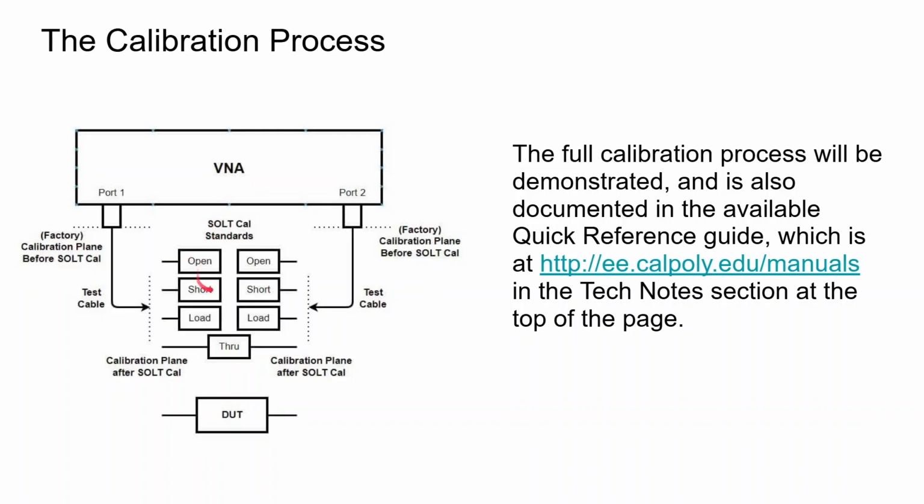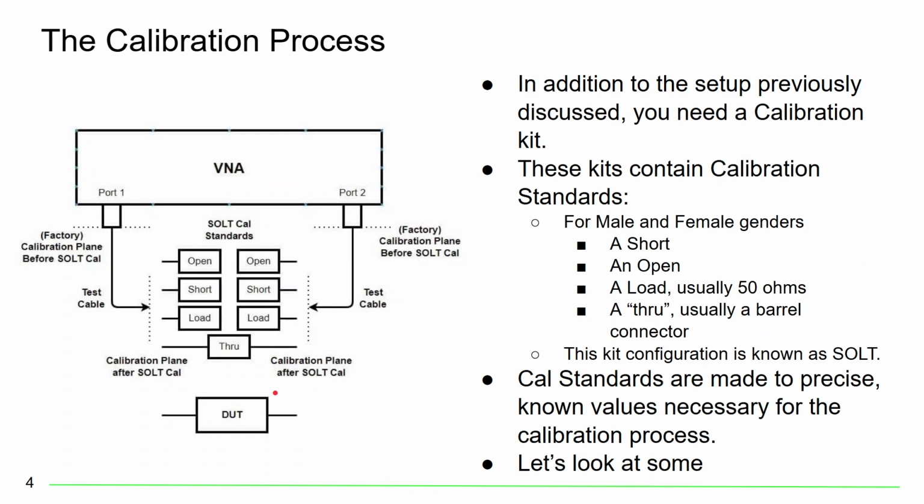If we're doing two-port, we have to apply all these loads to both ports. And in addition, we have this one through connection, which would be a barrel connector most of the time. With all these activities, then we've established our calibration planes, and we're now ready to move on and measure our device under test.